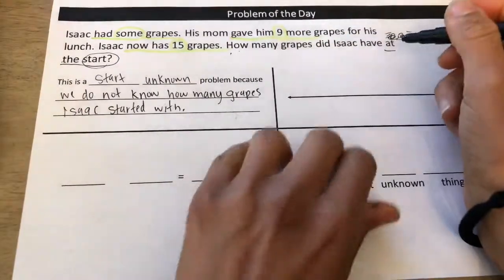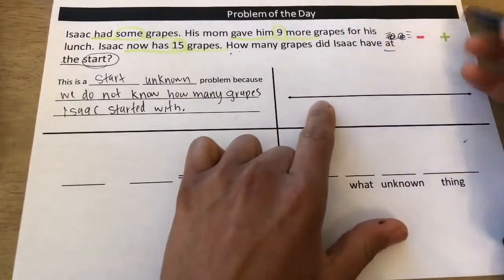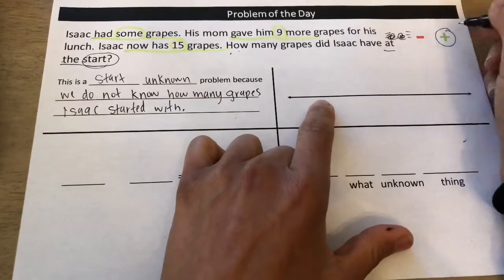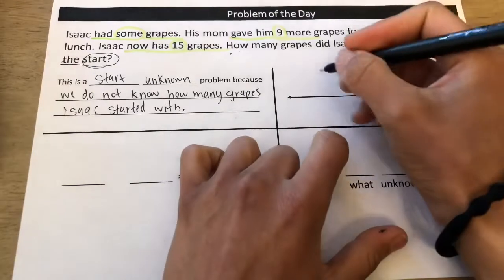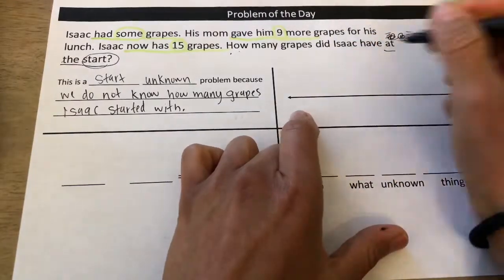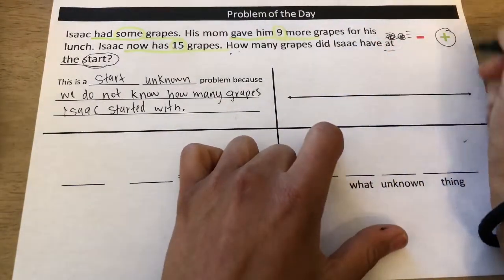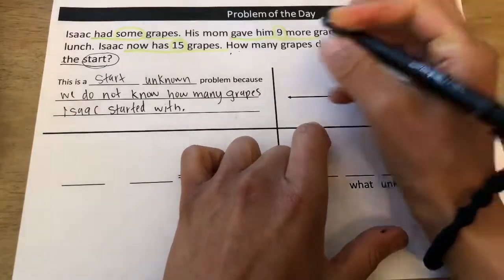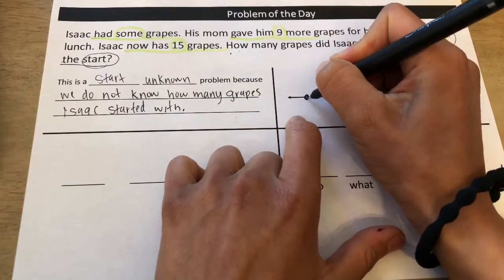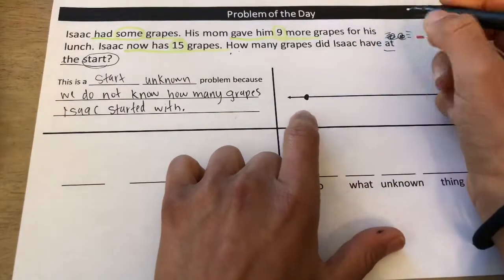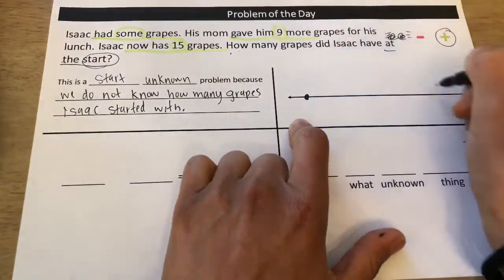All right, are you ready? So we know that this is an addition problem because we're adding to what he already has. And the very first thing that I'm going to do is go ahead and on my number line, I know that I'm going to jump forward because I'm going to have more, which means that I can place my starting dot on the left side of the number line to give me enough space to jump forward.